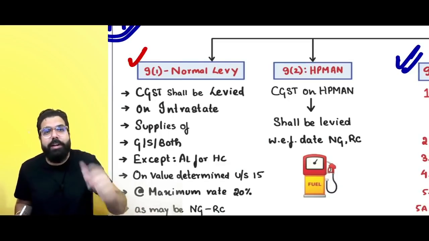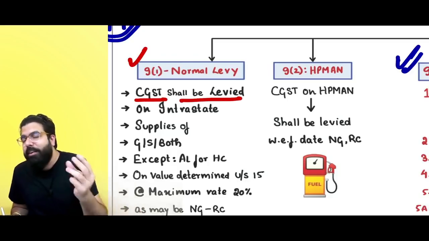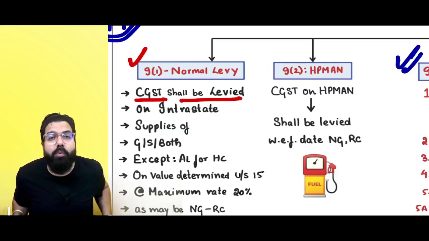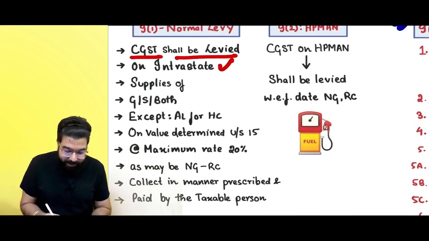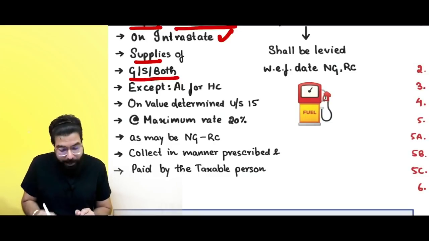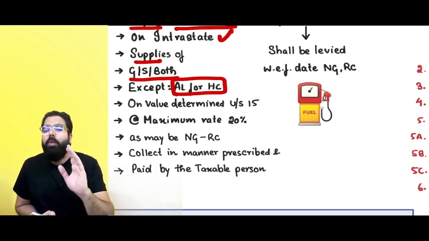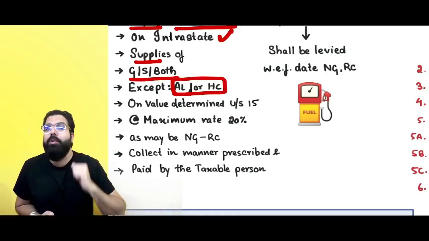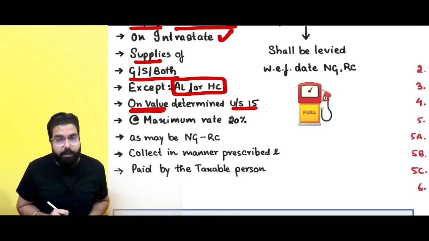Section number 9 says CGST shall be levied on what, everyone? CGST shall be levied on intrastate supply of goods, services or both, except alcoholic liquor for human consumption. Sir, on what value shall it be levied? It shall be levied on the value determined under section number 15.